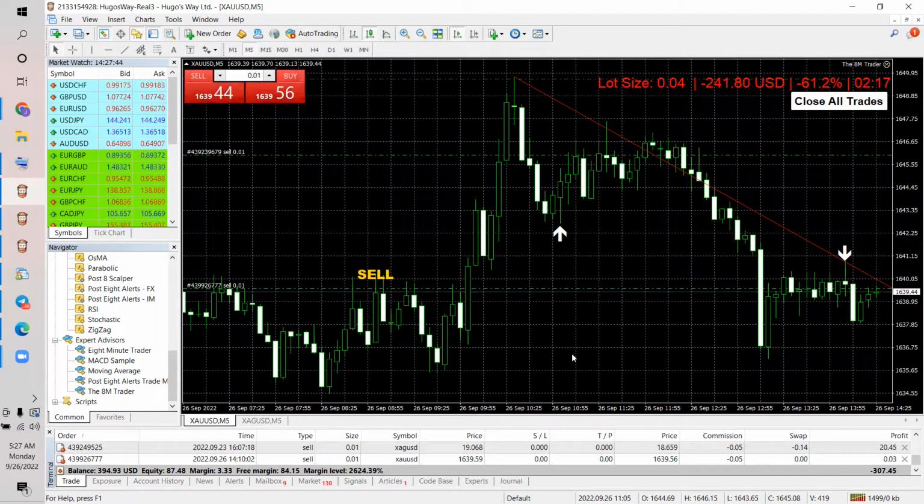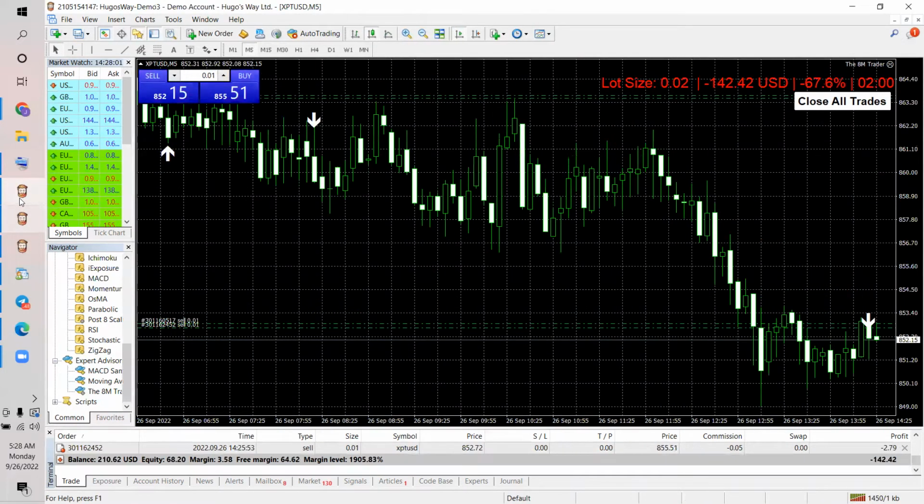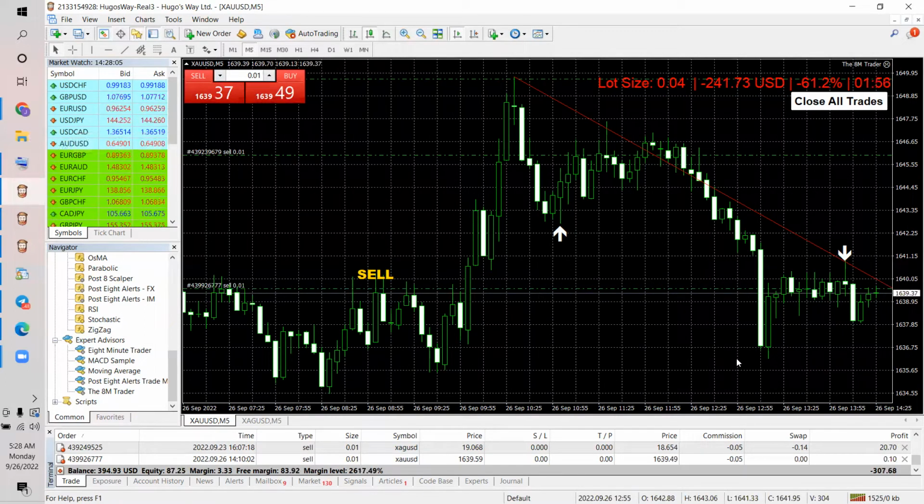And of course, all that will come down to having what I like to call a mindset of confidence. If you have a confident mindset while you're trading in the financial markets, that is going to help you make sure that you are able to capitalize on the trades that we're making.